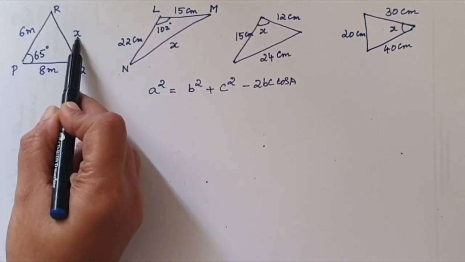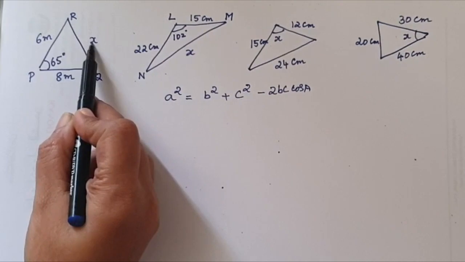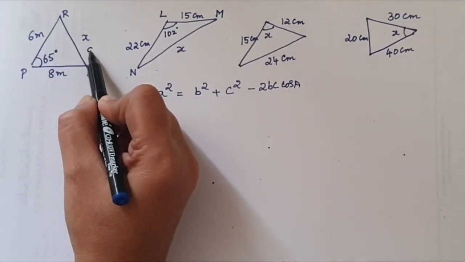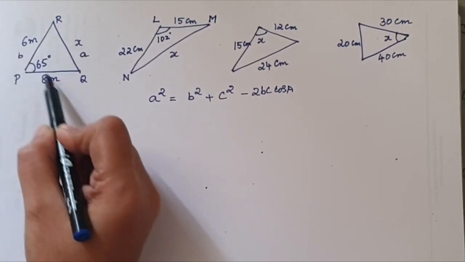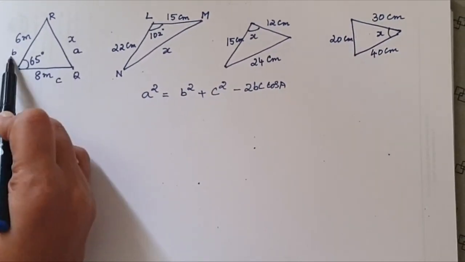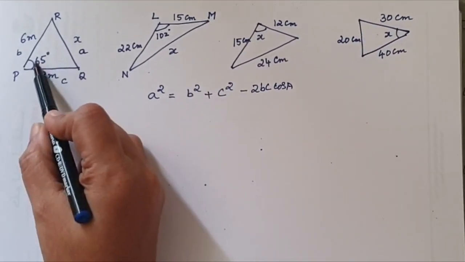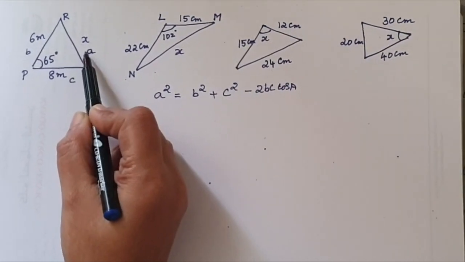We need to find the opposite side x. For our convenience, the side which we need to find, let us always take it as a. The other two sides you can interchange, one can be b and one can be c. If you want, you can interchange them, no problem. But the side which you need to find, we always take it as a. That makes our work easy.